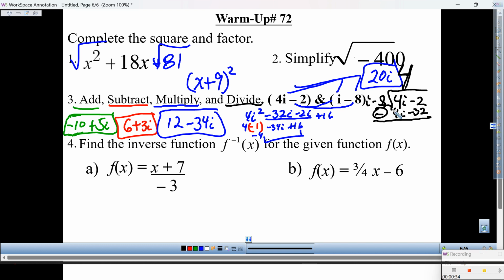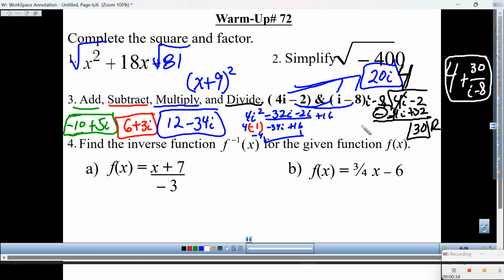Subtract. Distribute here and here, so this is a negative 4i, positive 32, this cancels. 32 minus 2, that's 30 as our remainder. Therefore, our answer is 4 plus the remainder of 30 over our divisor, i minus 8.